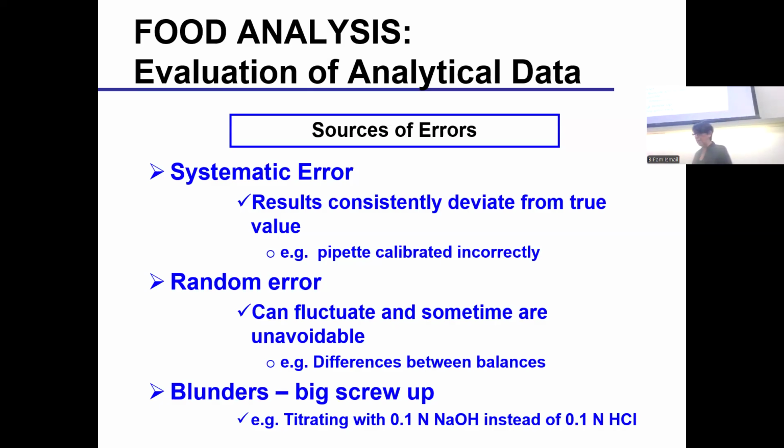We do that, for example, in the protein analysis lab, Kjeldahl, where we titrate with HCl as the last step. And instead of putting 0.1 normal HCl in the burette, we put 0.1 normal NaOH. What's going to happen? We're going to titrate, and no change in color. So that we call a blunder. You lose your sample, you have to start over the analysis.